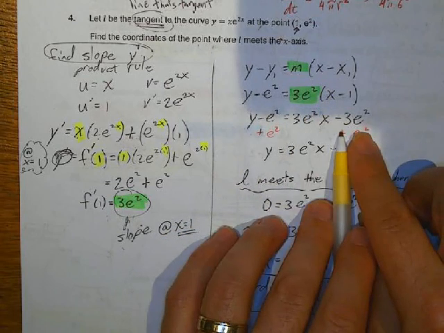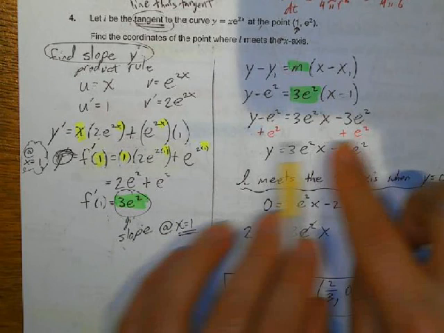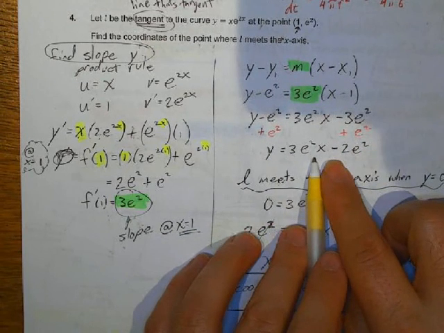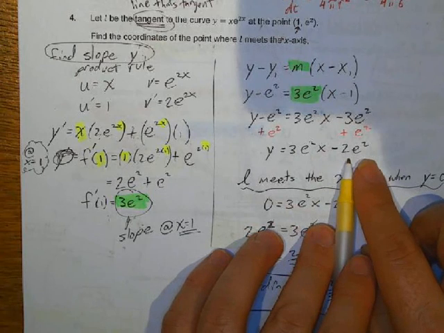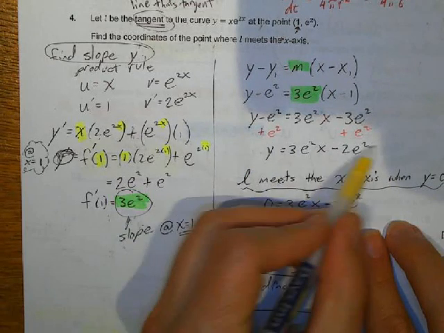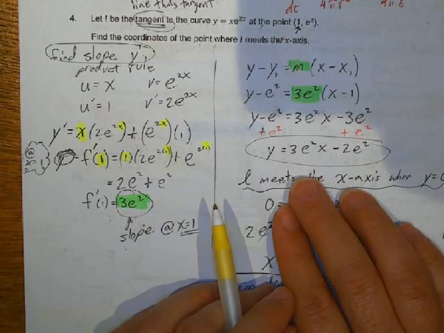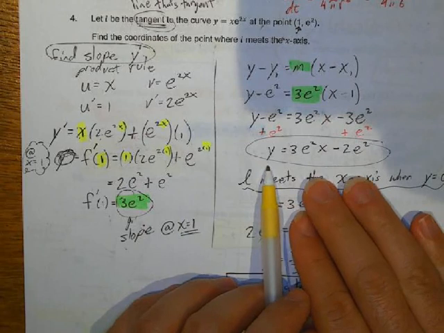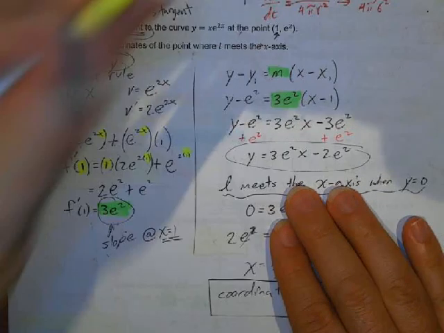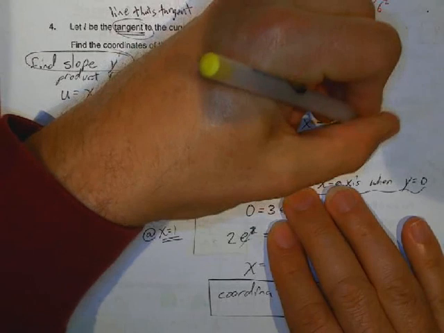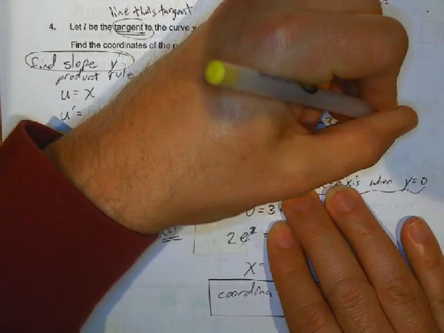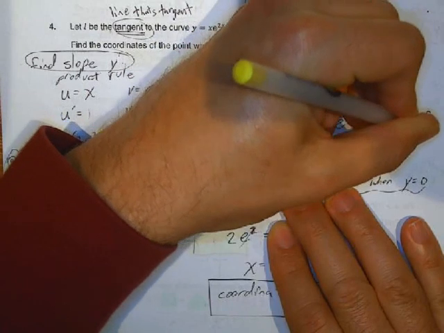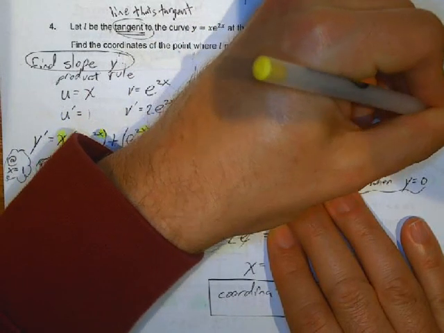And then I'm going to add e squared on both sides, and then I get y equals 3e squared x minus 2e squared. So there is my equation of the tangent line. This is the equation of the tangent line.